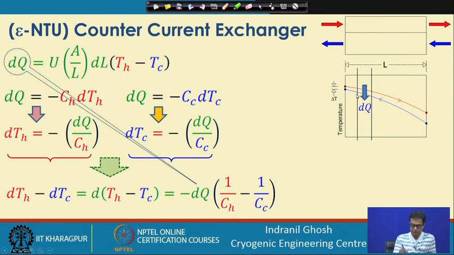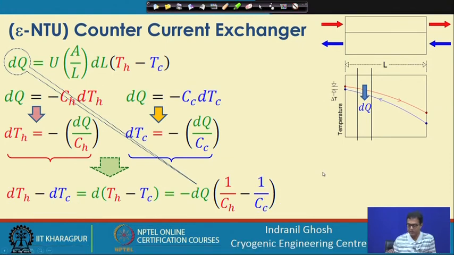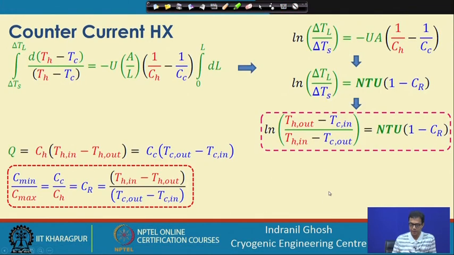In the previous class we have discussed this. There we have obtained an expression where dT_h minus dT_c is related to dq and (1/C_h minus 1/C_c), and from there we got an expression like this, and from there we obtained this relation.